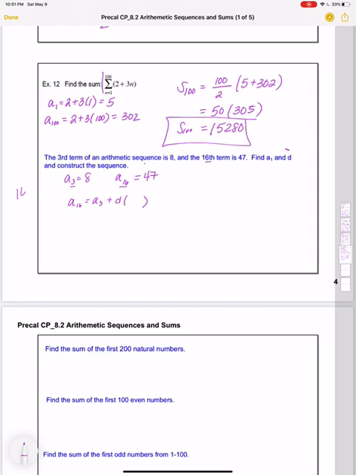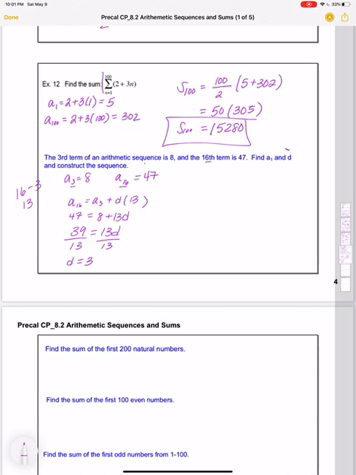And that's what we did earlier: 16 minus 3 gives us 13. We did that in our last lesson. So the 16th term, 47, equals 8 plus 13 times the distance. Okay, so now I will subtract 8. So 47 minus 8 gives us 39 equals 13D, divided by 13. And that's 3. So the D is 3.